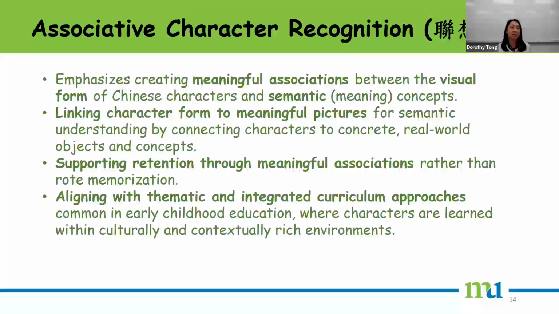And we think that in this way, we can support retention of character recognition, because children can have more meaningful associations, not just rote memory. This also aligns with the current thematic approach in local kindergartens and the integrated curriculum approaches.